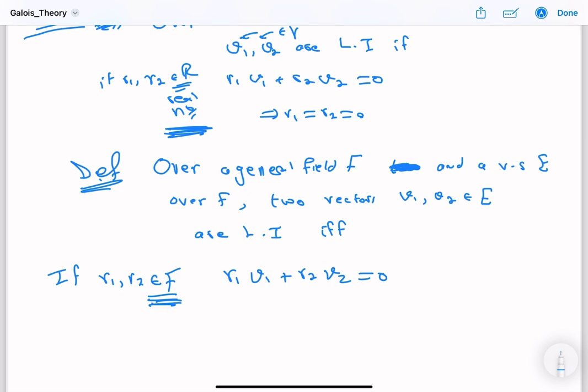It's a similar definition, but now we're working over F, thus the scalars are in F.